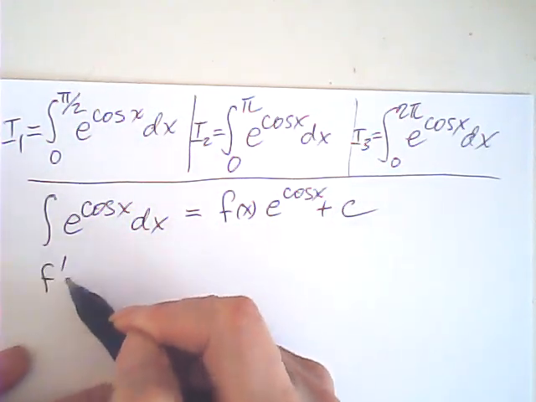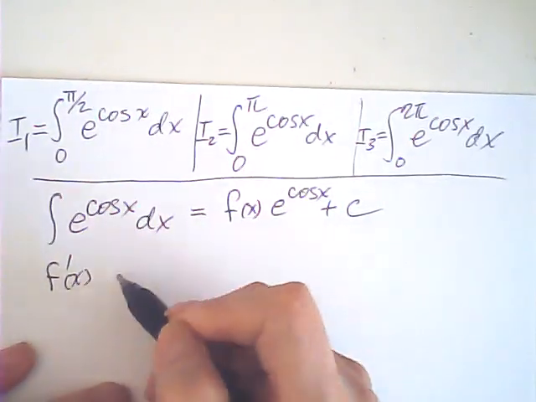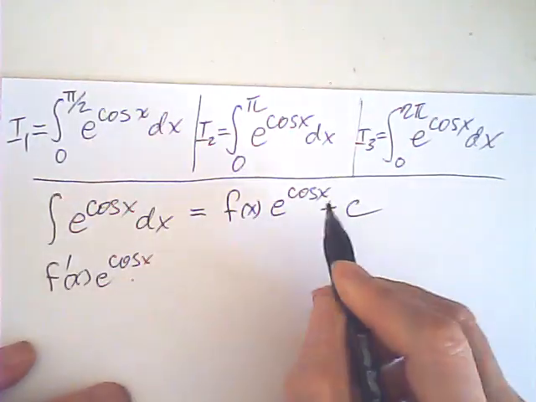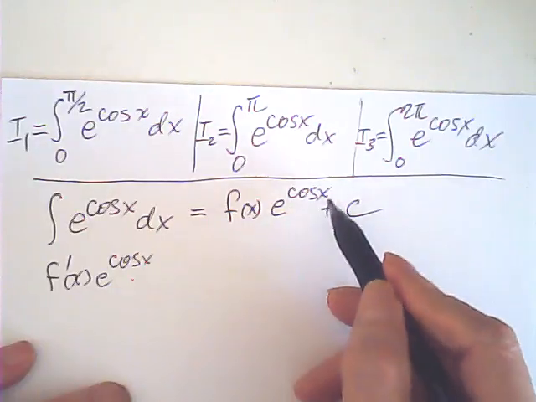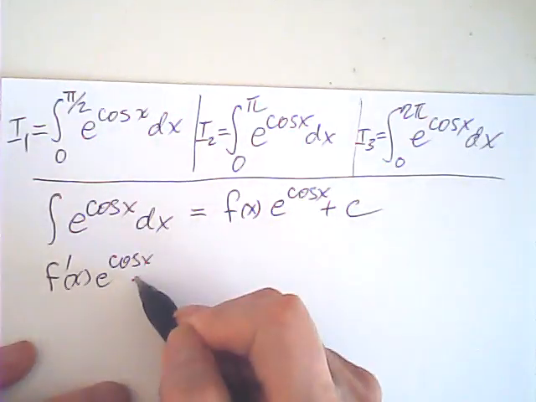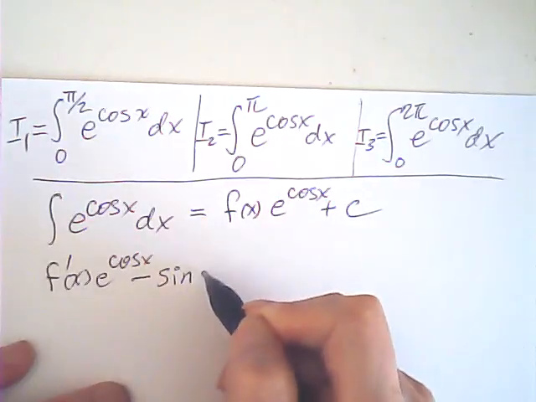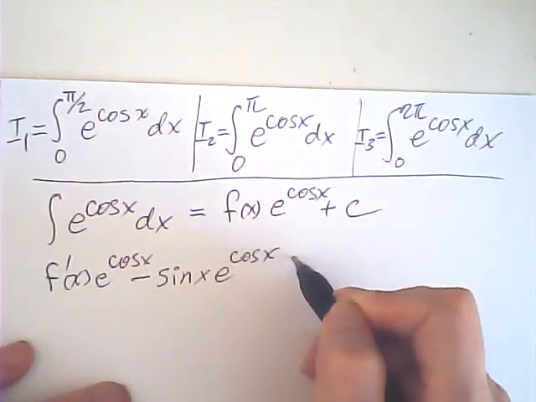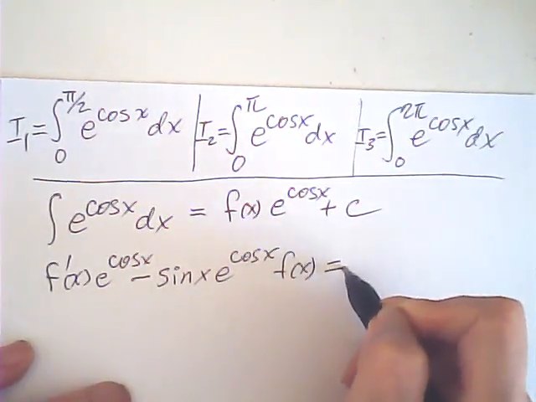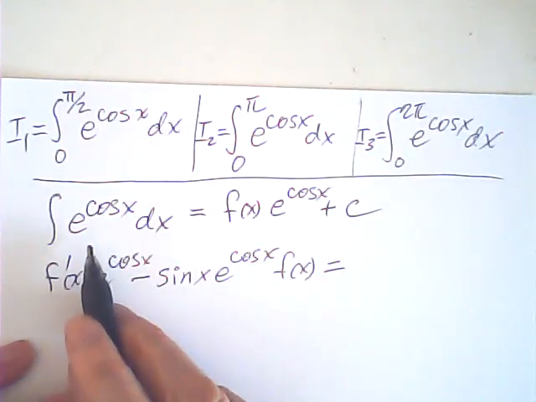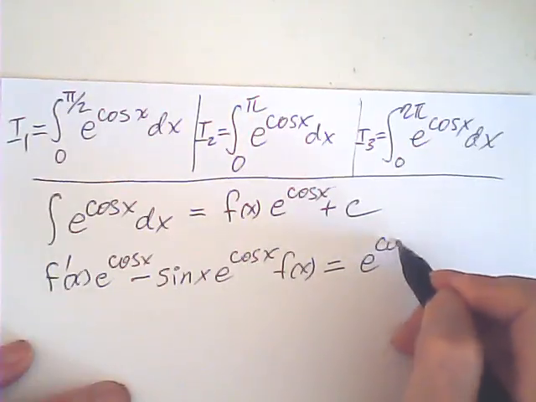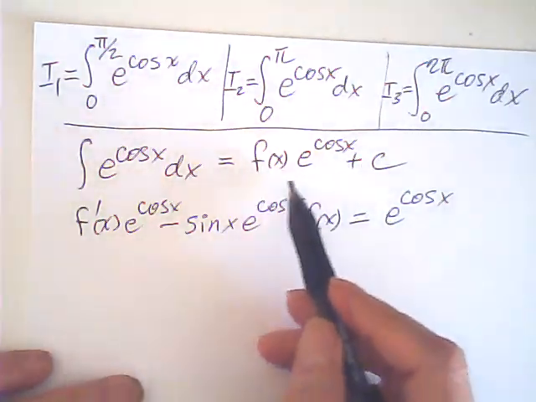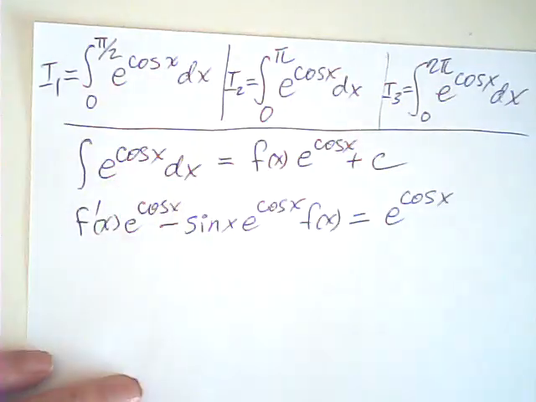This will be f prime of x times e to the cosine x plus this derivative, minus sine x e to the cosine x, times f of x, is equal to e to the cosine x. That's obvious. This derivative with respect to x is equal to this.